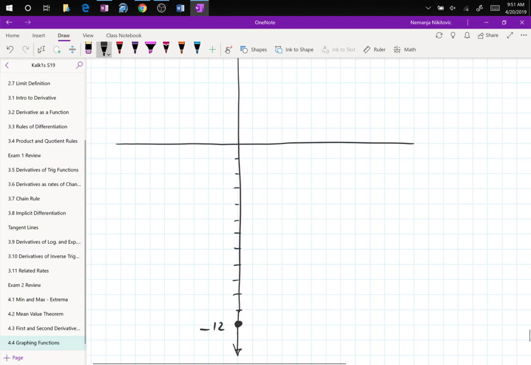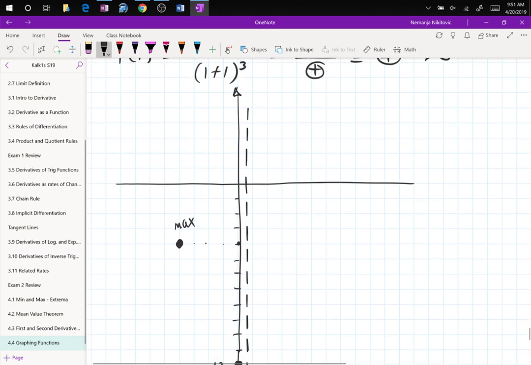We also have a half vertical asymptote. We have negative 4, negative 4, 1, 2, 3, 4, to be a max. We have the slant asymptote, which we need to graph.